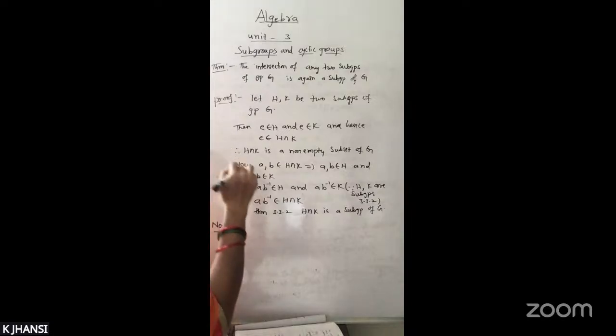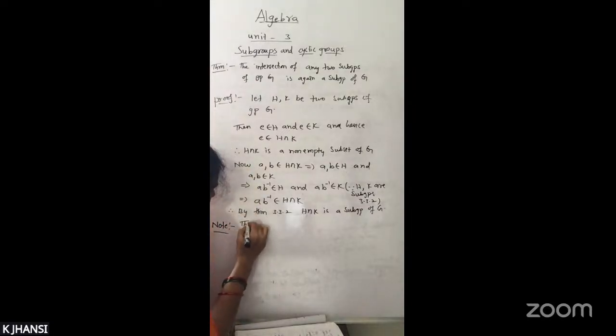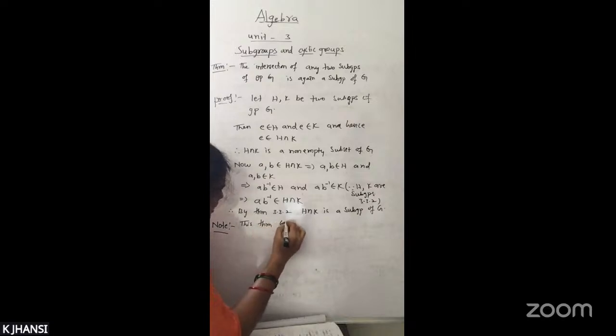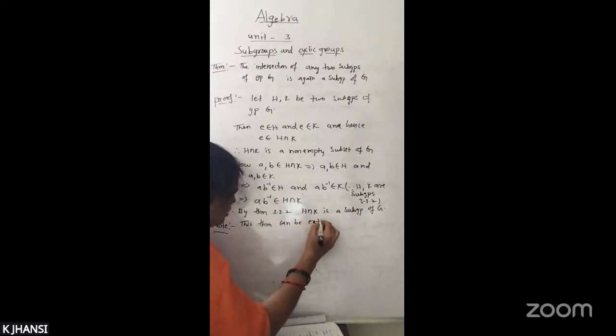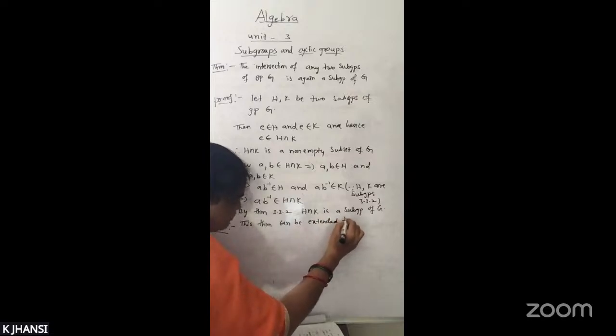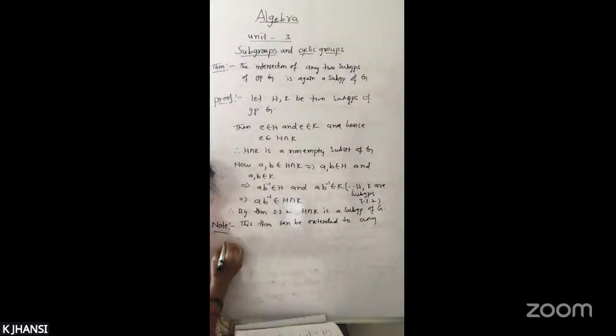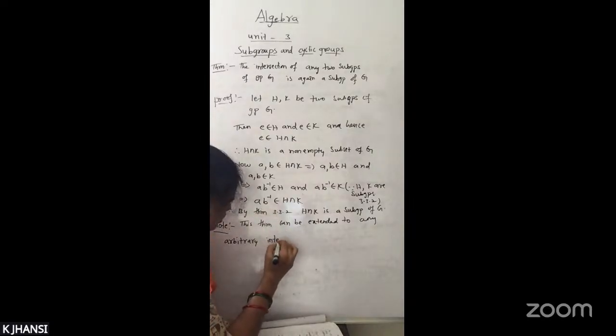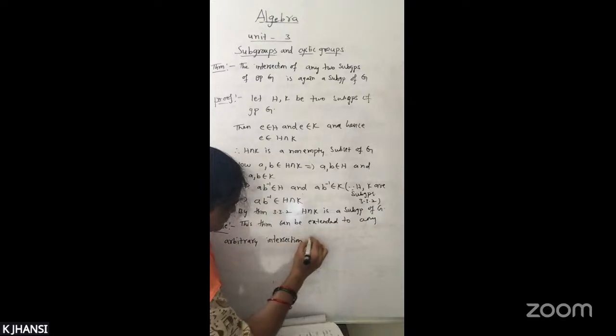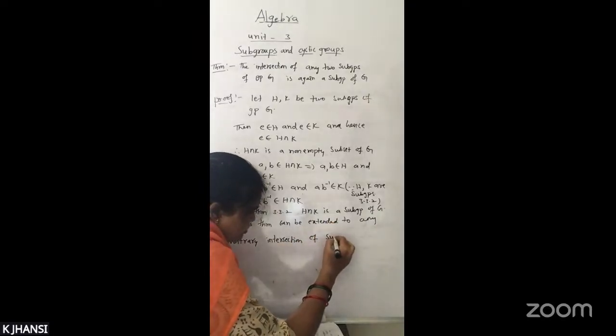So this theorem can be extended to an arbitrary intersection of subgroups. Arbitrary in the sense of any number of subgroups.